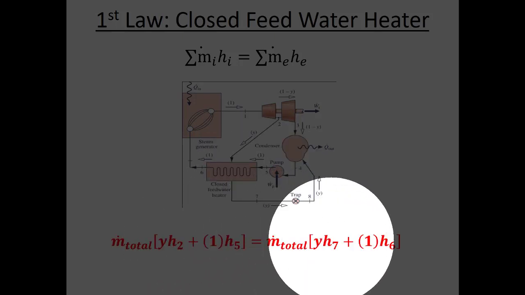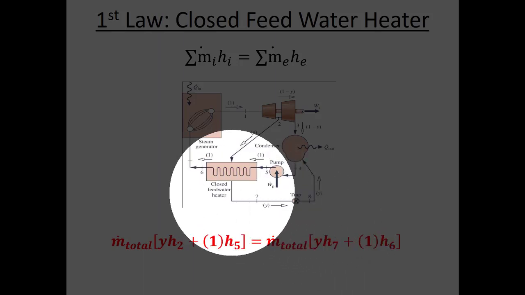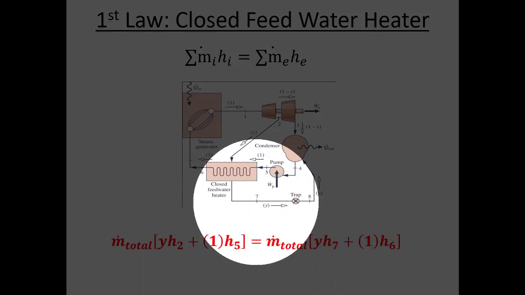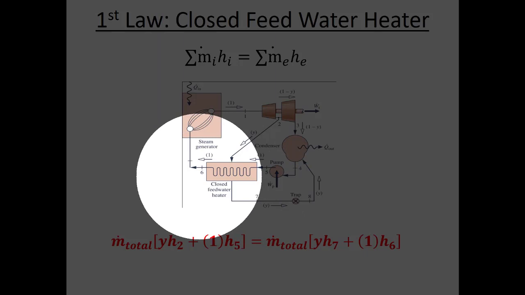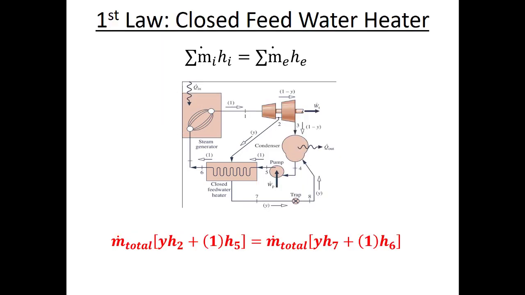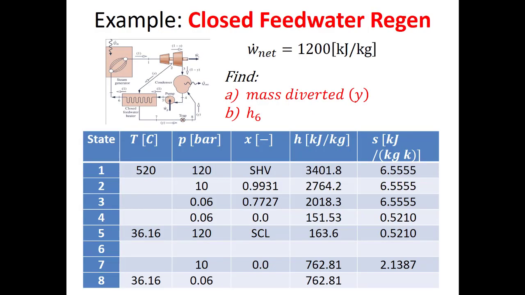My outlet terms over here, I have an outlet at state 7 that's getting the diverted mass flow rate, and an outlet at state 6, which is getting all the mass flow rate. So here you could see the mass flow rates would cancel out, and I could use this. If I knew y, I could maybe find h6 with this equation, or if I didn't know y and I knew all the enthalpies, then I could use this equation to find y.